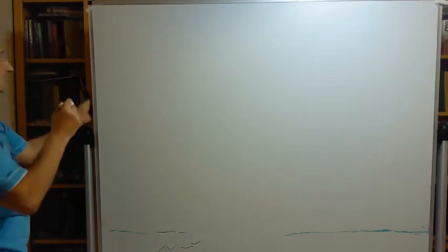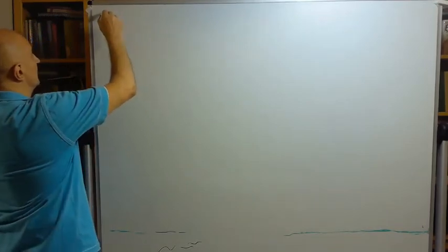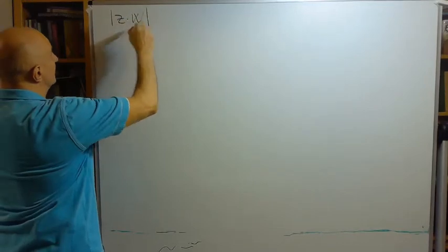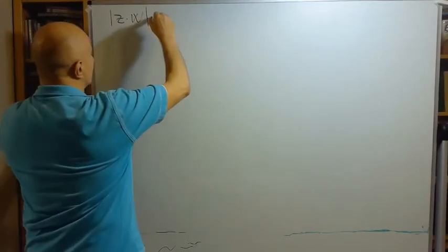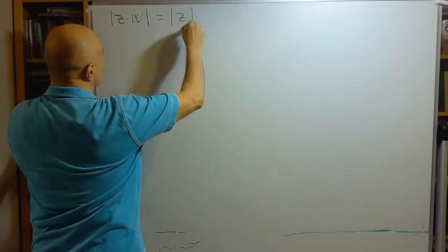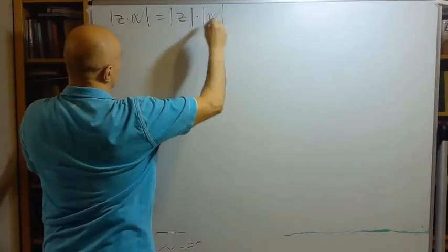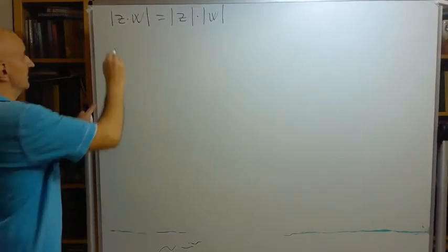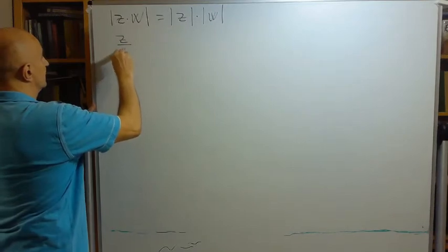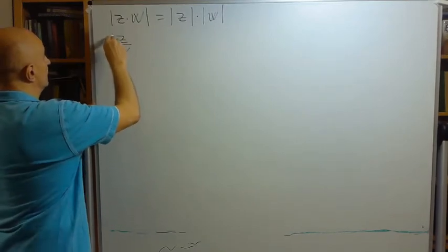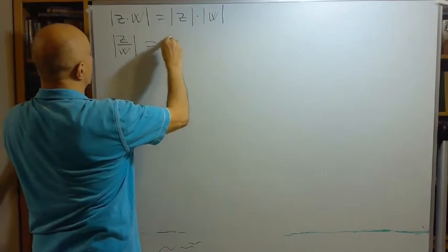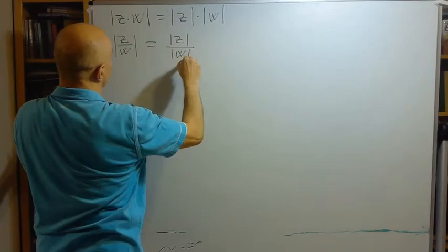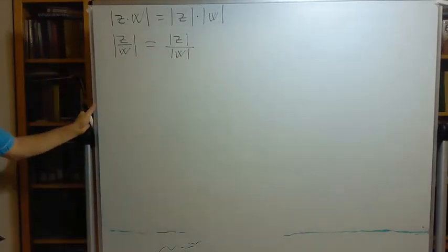What are these properties? For instance, if you multiply two complex numbers, z multiplied by w, the same as with absolute values of real numbers, it is the same as modulus z multiplied by modulus of w. Similarly, if we divide z divided by w, it will be norm of z divided by the norm of w. What else?